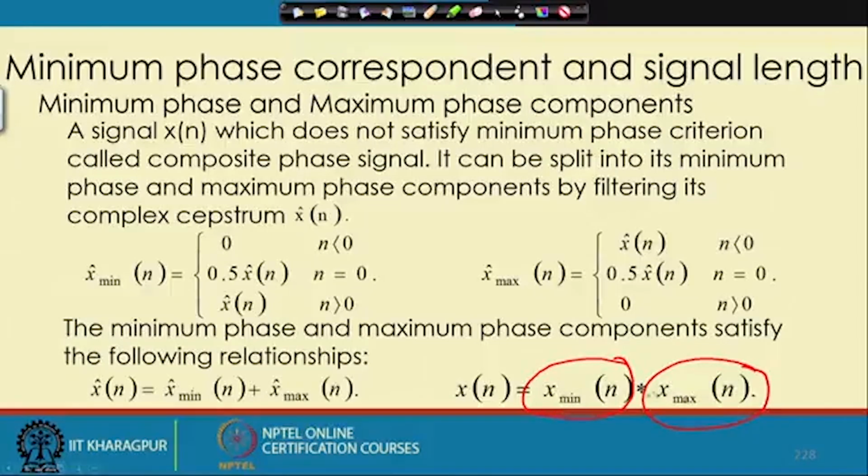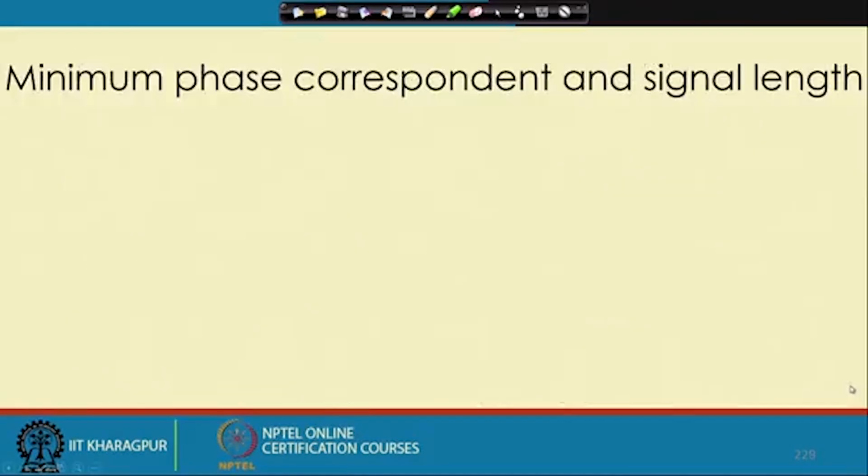If we convolve them, we get actually the original signal, the observed signal x n. Okay. So, this is the relationship among these components, and we can make use of them for our processing.